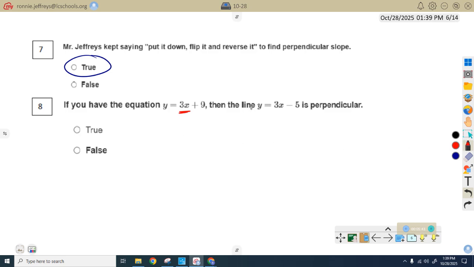All right. If you have this equation, this is perpendicular to it. Well, these are the same. That means these are parallel. So this would be false. Now, if you have 3 attempts on the test and you keep missing the true-false problems, I mean, I don't know what else to tell you. I know some people are going to try to do that on purpose tomorrow.